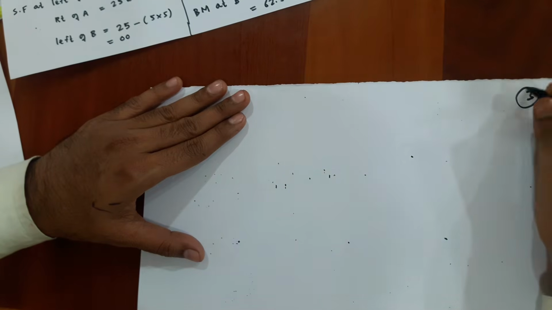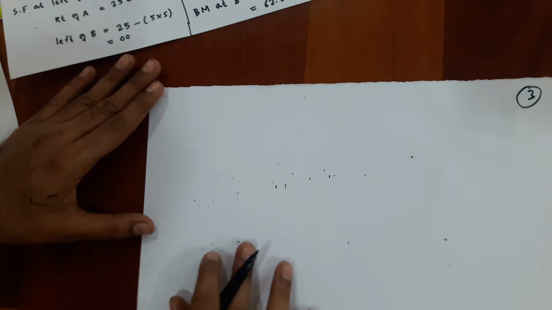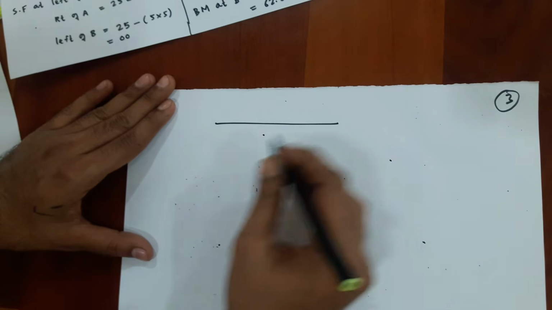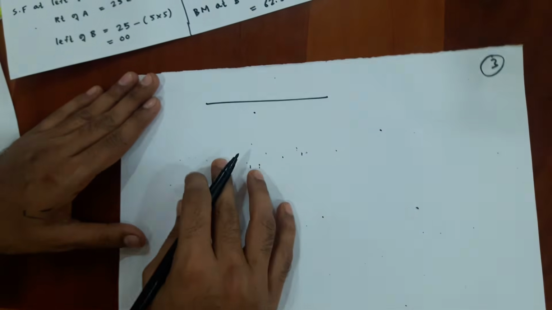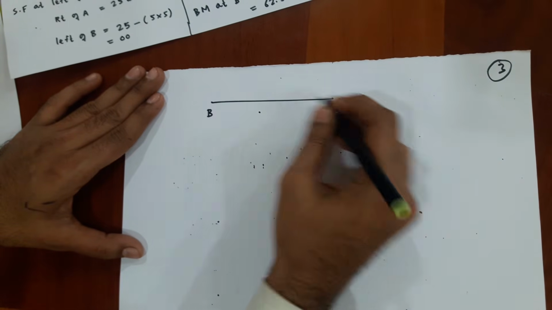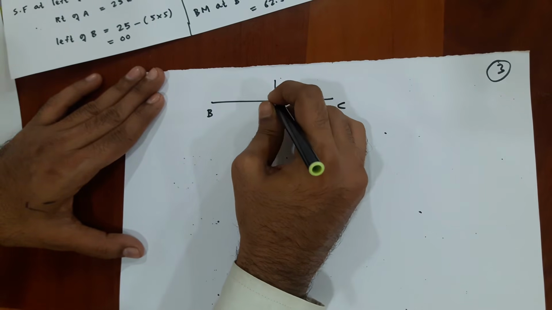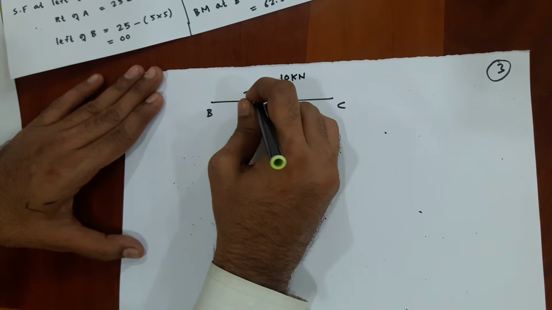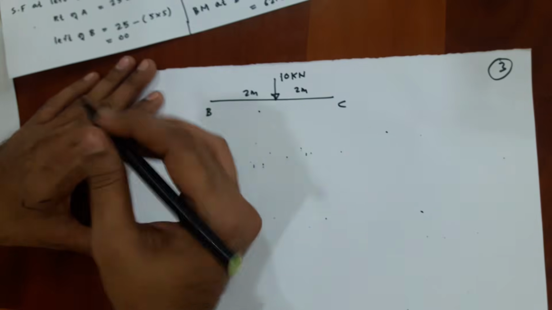Now we have to go for the analysis of member BC. First draw the free body diagram of member BC. The load acting on member BC is 10 kilonewton, with 2 meter and 2 meter distances.